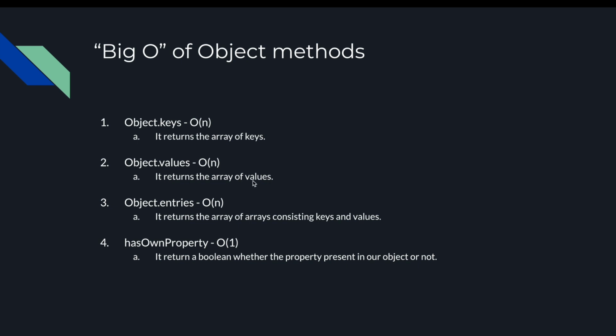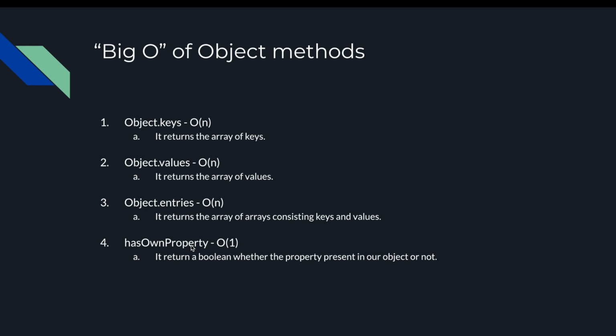It returns the array of values where length of this array can be n. Next one is object.entries that always returns the array of arrays consisting keys and values that can also have n number of length. That's why it has time complexity of O of n.